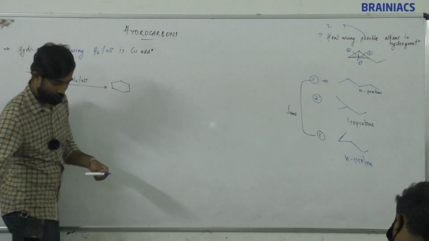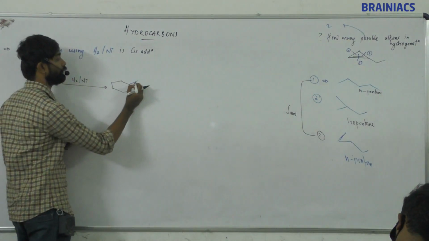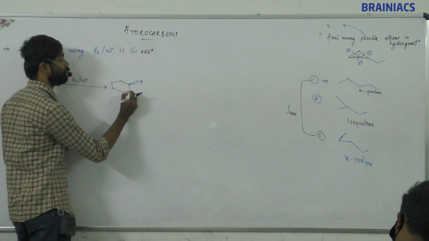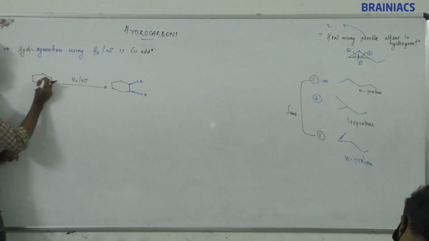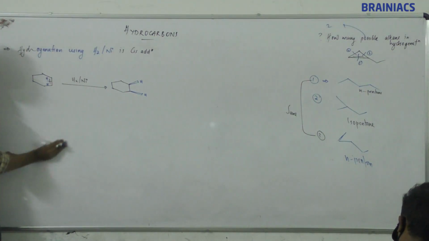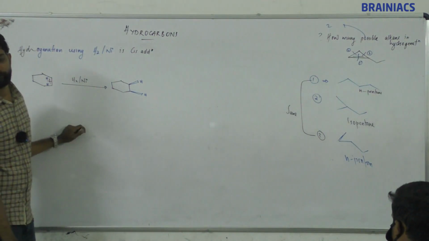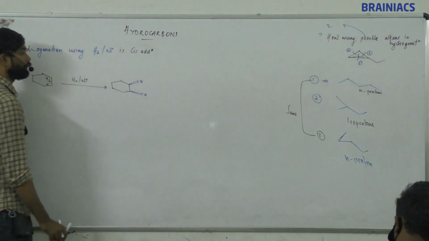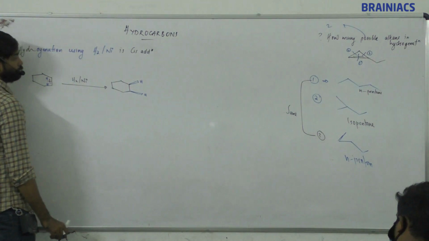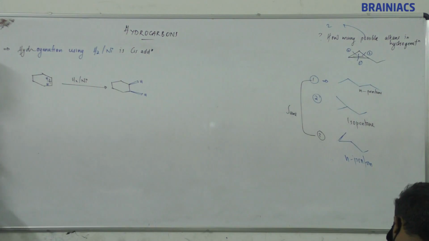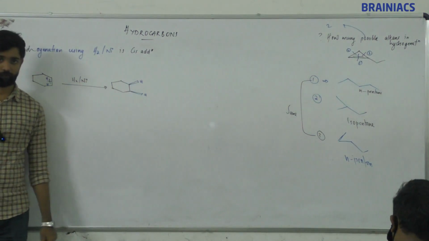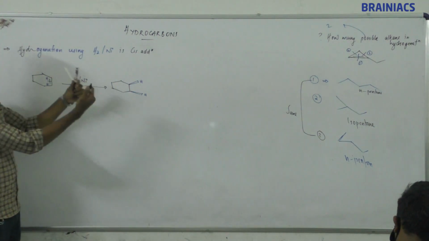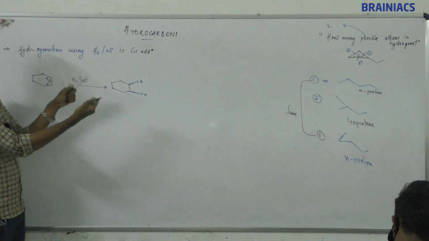The added hydrogens should be in a cis pattern. That is the concept. Okay, these 2 hydrogens may arrange in a cis pattern. They may be in the same plane. Okay. Either both are wedge or both are dash. They should be towards the front plane, or in the back plane.